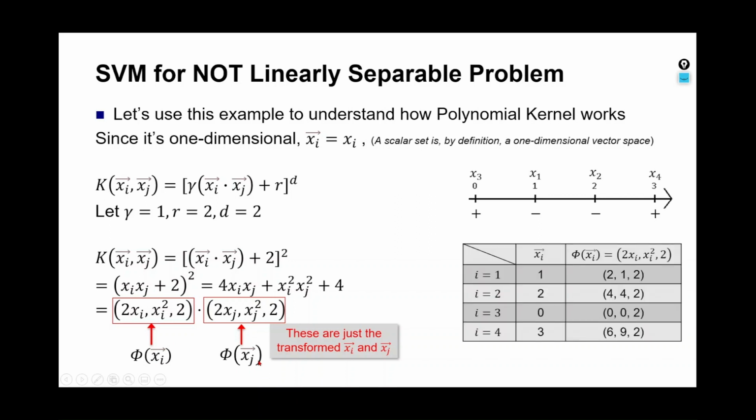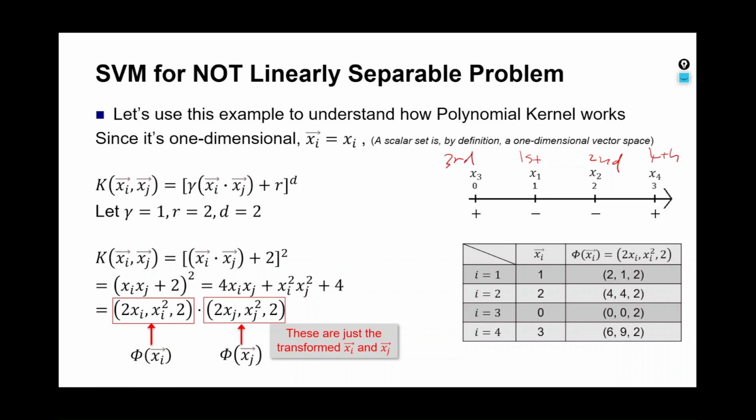And now let's use numbers. For the first sample, where i is the sample index, this is the first sample, this is the second sample, then the third sample, and the fourth sample.